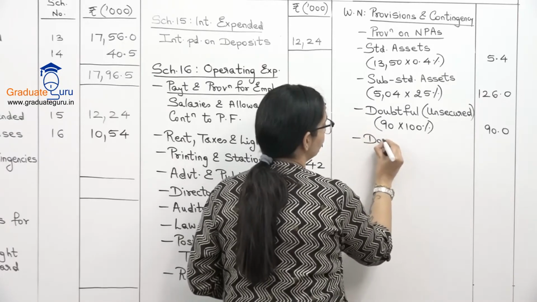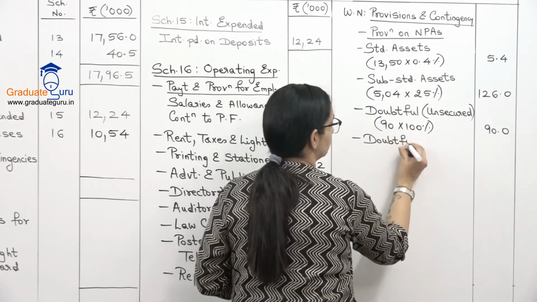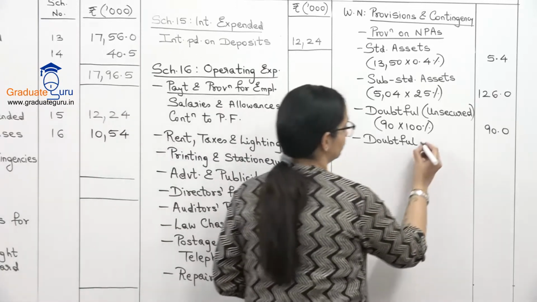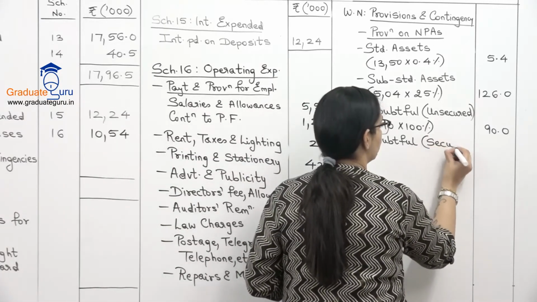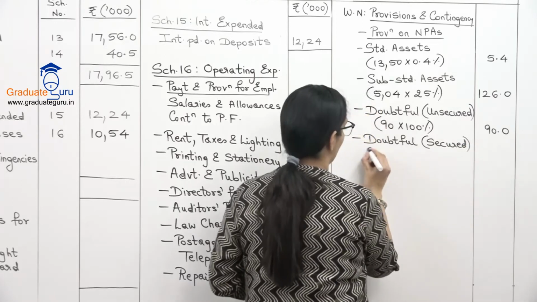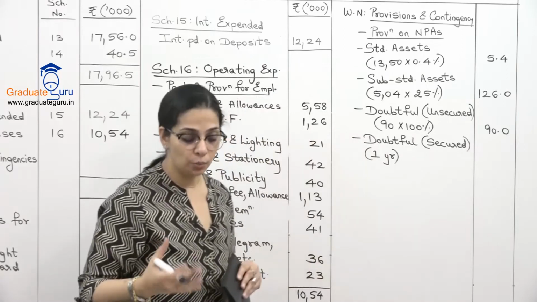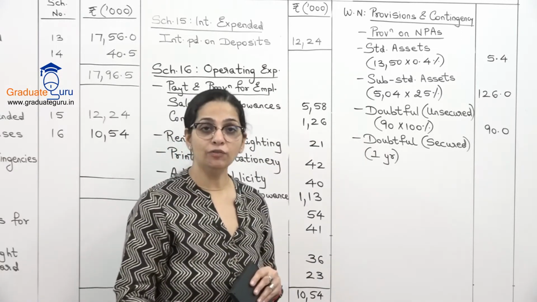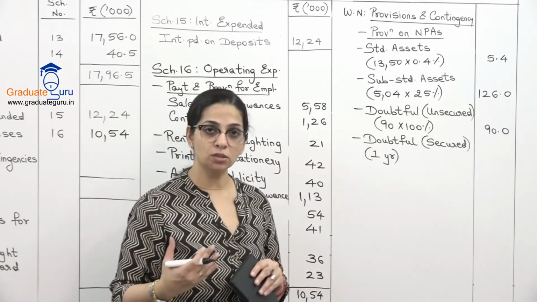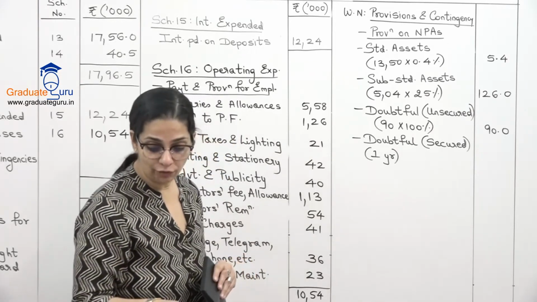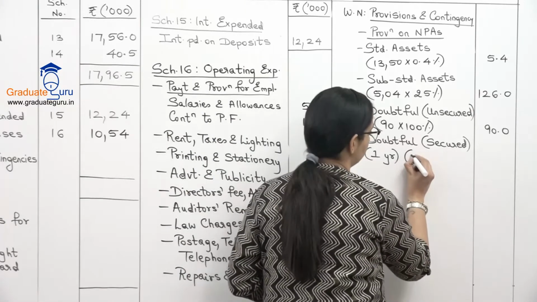Then we have doubtful which is secured and which is for 1 year. So doubtful, secured and 1 year. So for that we have our rate as 25%. If you'll remember your list, you have to remember these rates. These will not be given to you. So 25% of 23.